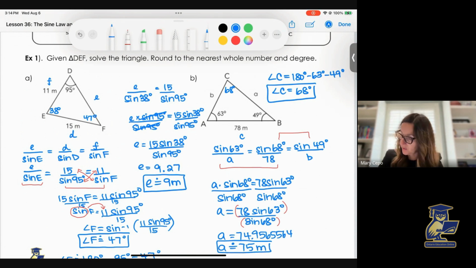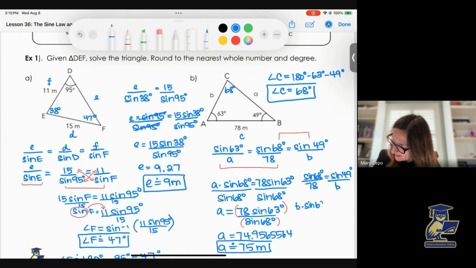Okay, now we're going to use the second two ratios. We're going to say sine of 68 degrees over 78 is equal to the sine of 49 degrees over B. So cross multiplying is going to be B times sine of 68 degrees equals 78 sine 49 degrees, divide that by sine 68.